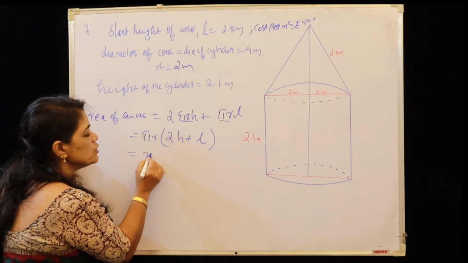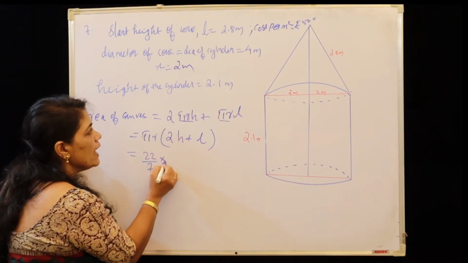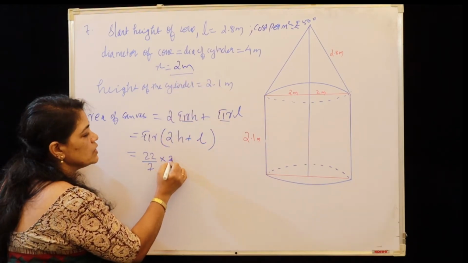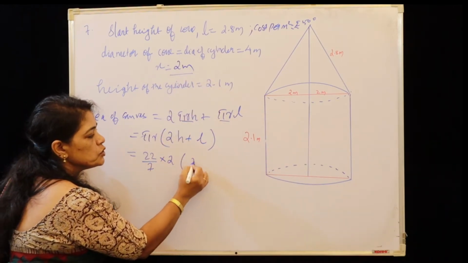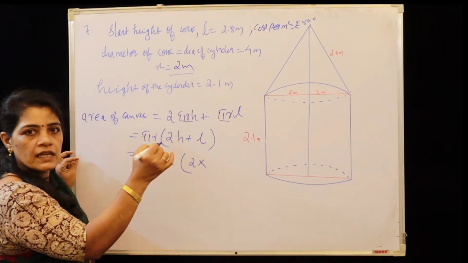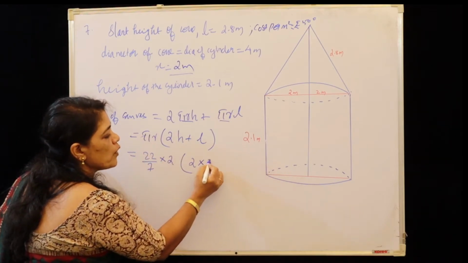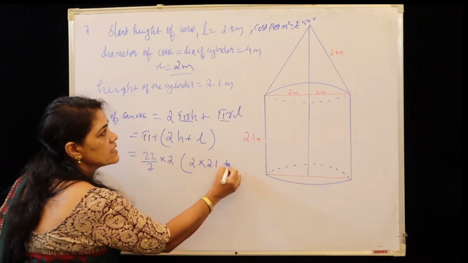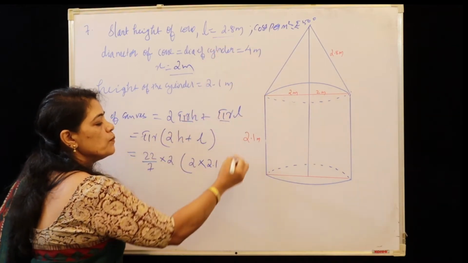So 22 by 7 for pi, and radius is 2 meter, into 2 into height of the cylinder, that is 2.1, that is given, and slant height also given as 2.8.